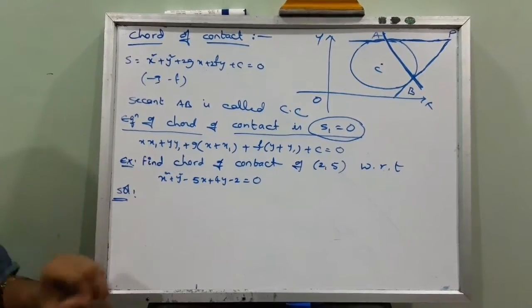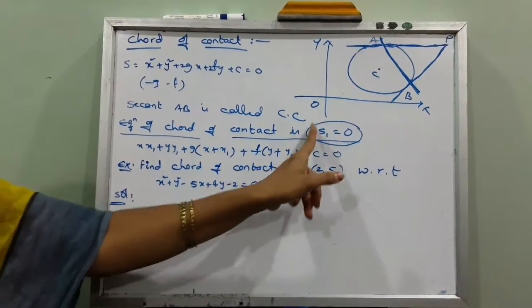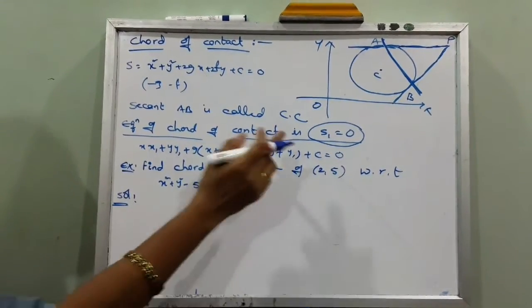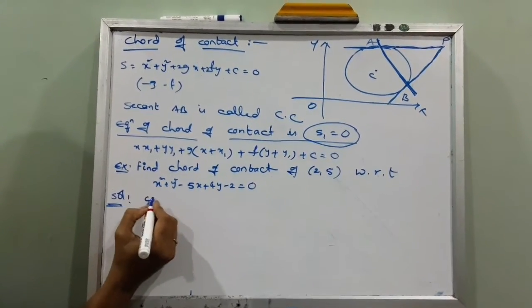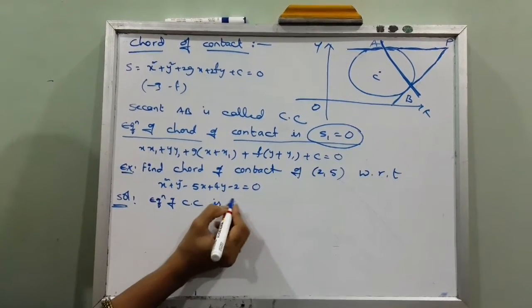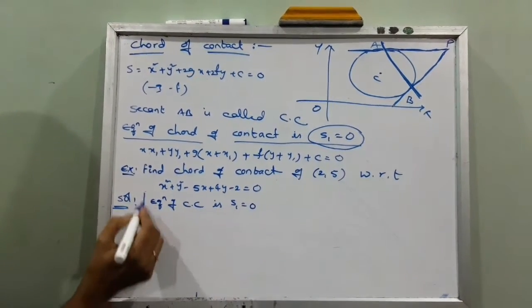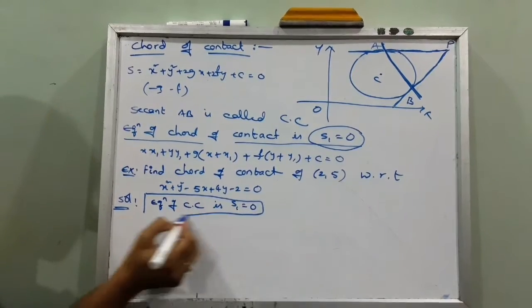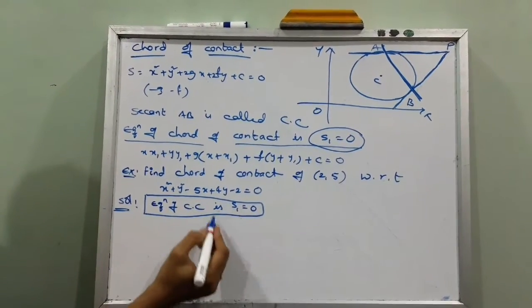Now the solution is, what is the formula for chord of contact? Equation of chord of contact is S1 is equal to 0. This is the formula for chord of contact.